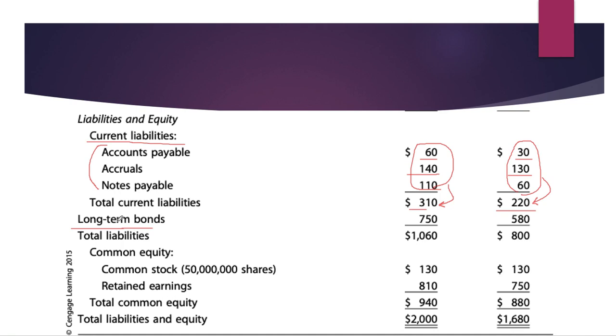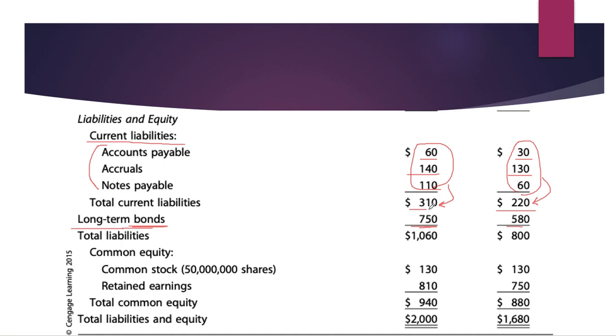There are various items we can encounter in the list of liabilities. But we are talking about publicly traded corporations and their balance sheet in this course, so we might often have long-term bonds that are also listed as part of the liabilities.